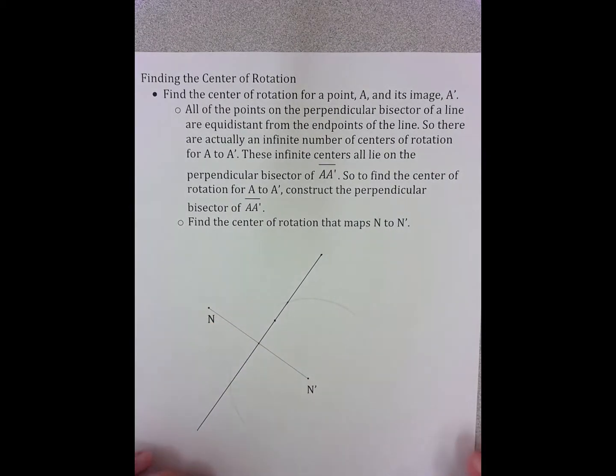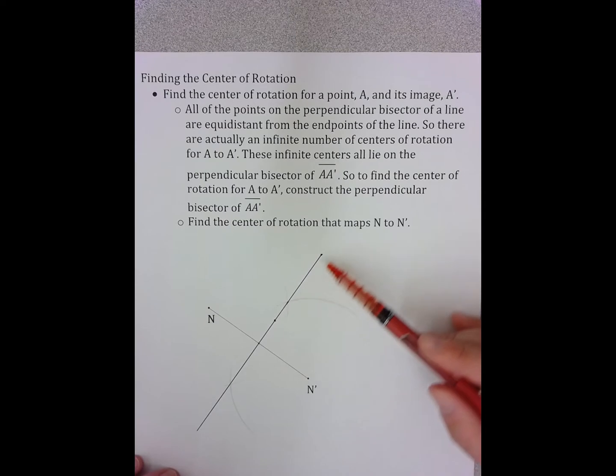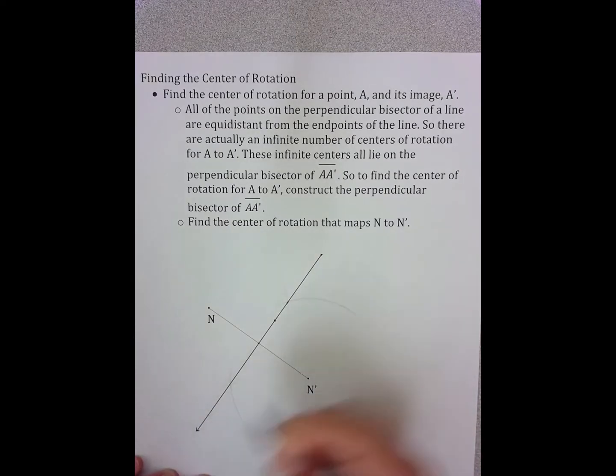So what that means is that the center of rotation that maps N to N prime is every single point along this line. I'm going to make it officially a line by putting arrows, and I'm going to give it a name.